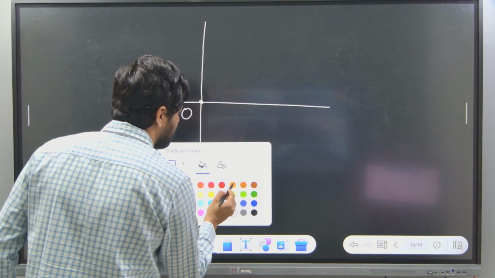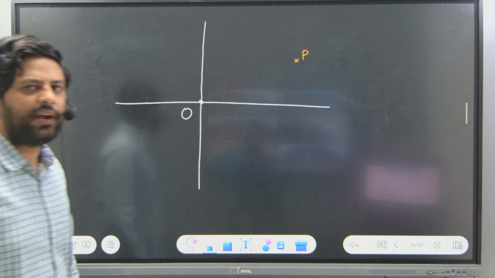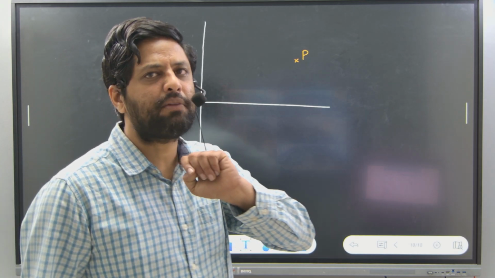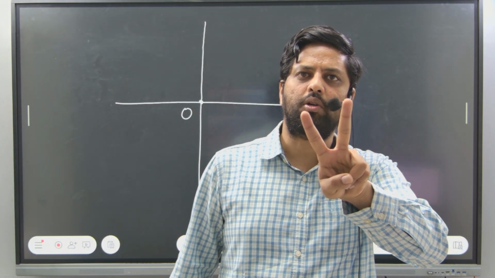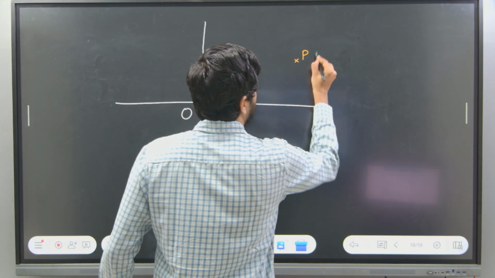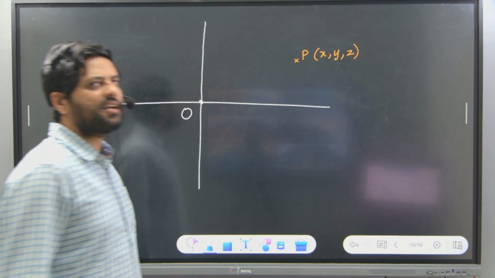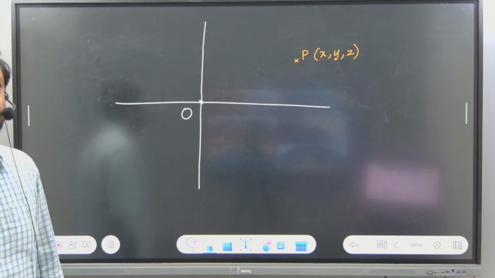So what exactly do we mean by a position vector? If I have a point P, and now we are talking about three-dimensional geometry, not two-dimensional geometry. There is an x coordinate, a y coordinate, and a z coordinate for that particular point.